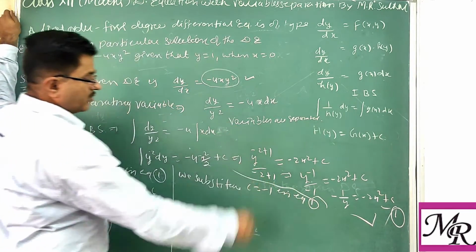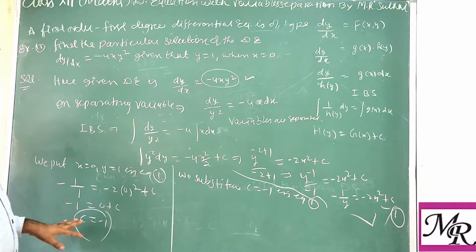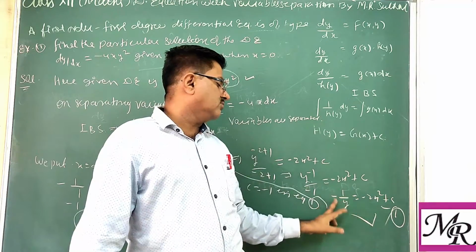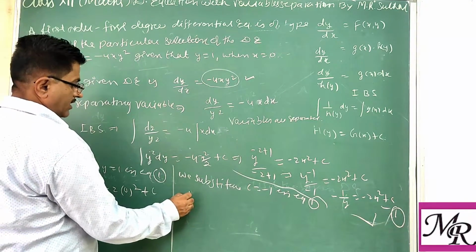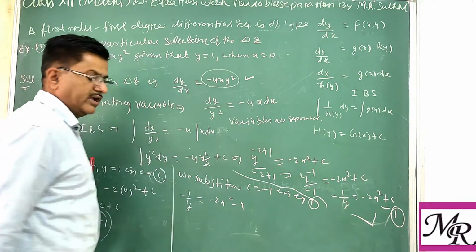So in equation 1, to finally find the particular solution, we put c equal to whatever value we have found. So minus 1 upon y equals minus 2x square minus 1.